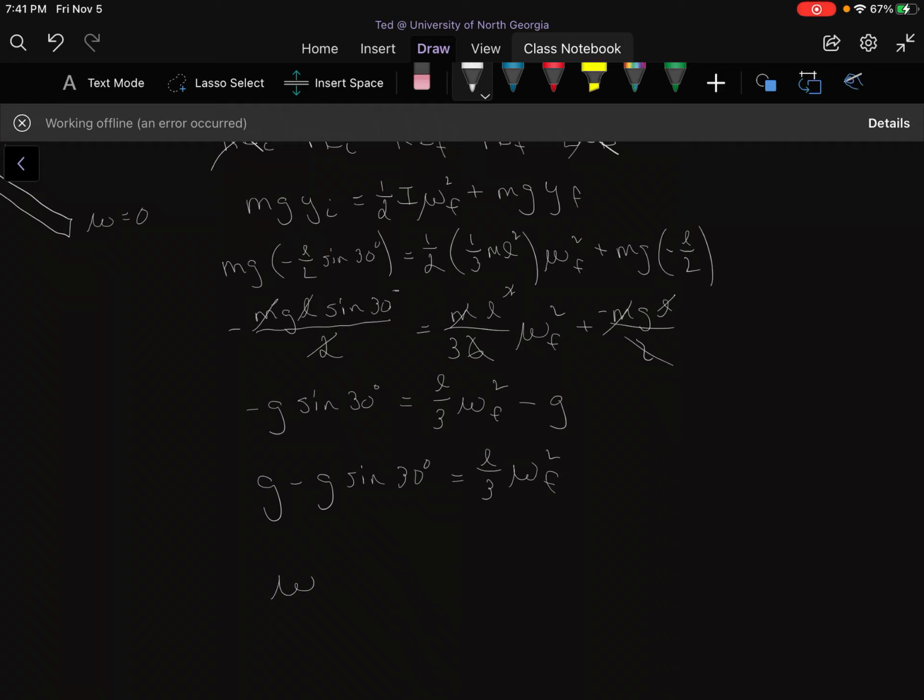So finally I get omega final is equal to the square root of g minus g sine 30 divided by L over 3. All right, so let's see if I can plug that into my calculator. 9.81 minus 9.81 times sine of 30, which is 1/2, so I'm going to go ahead and plug that in.